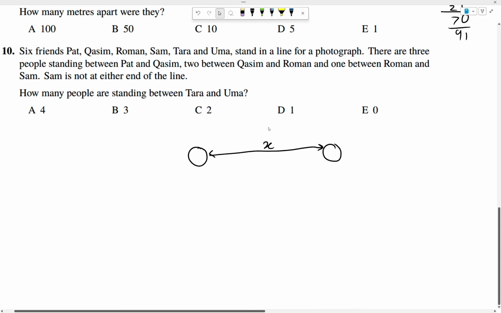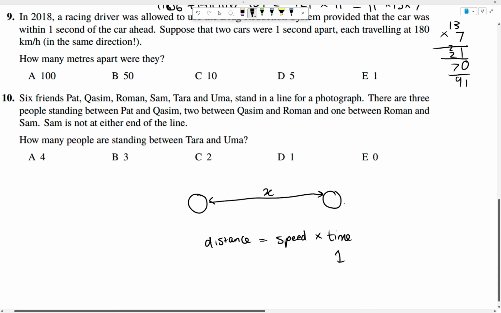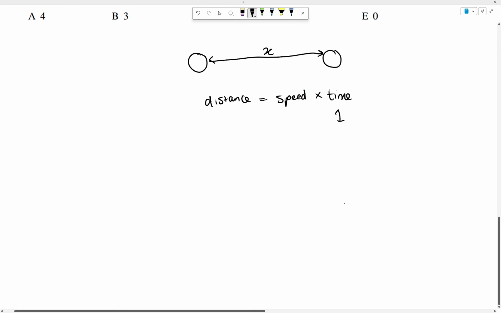I'm going to use the physics equation that distance is equal to speed times time. We know that the time is 1 and the speed is in kilometers, so we have to convert the units for either speed or time. I'm going to convert the units for speed into meters per second.